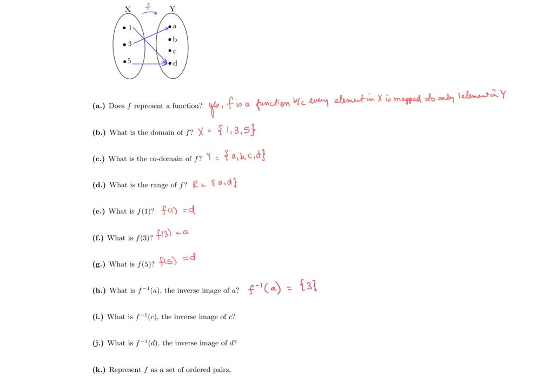If I want to look at the inverse image of C, then f inverse of C is going to be the null set because it's not mapped to by any element of the domain. If I want to find the inverse image of D, that's being mapped to by 2 different elements in the domain. And those will be the elements 1 and 5.